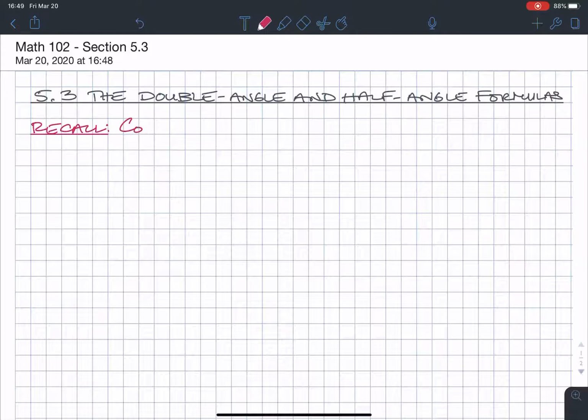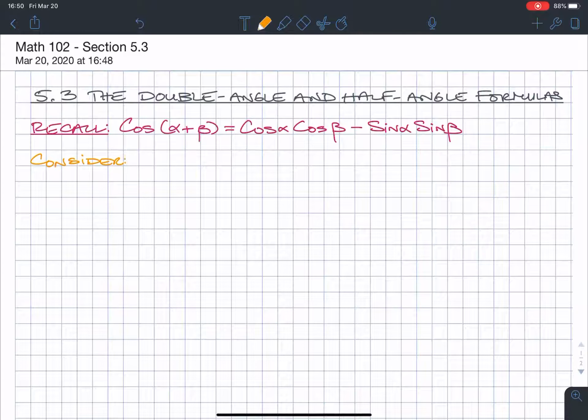That cosine of alpha plus beta, the sum for cosine, had the opposite sign. So we know cosine puts himself first, cosine alpha, cosine beta, and then he changes the sign. So it's minus sine alpha, sine beta. Okay, given that, let's consider cosine of 2 theta.